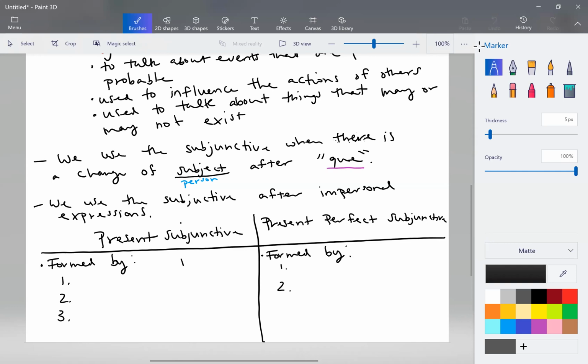What if this is the verb? Oh, you need to change it to the correct yo form. So yes, perfect. So we would go to the yo form. And then what?